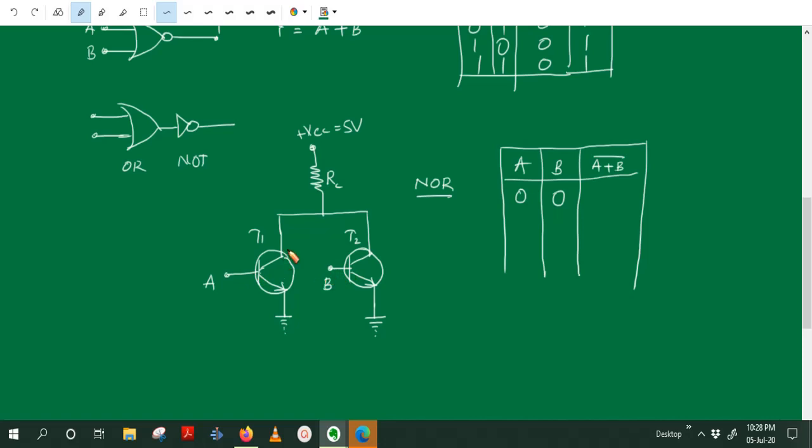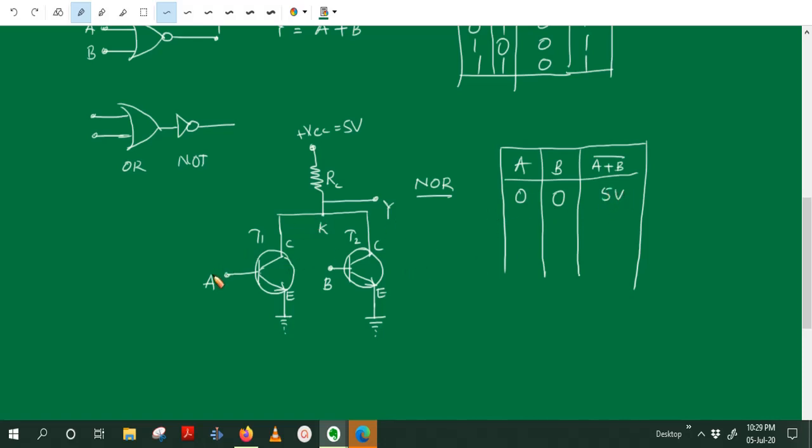No current flows from collector to emitter of the first transistor as well as the second transistor. There will not be any current flow through the resistance RC. We can mark this point as K, and the output is connected here. Both are not conducting, therefore the 5 volts will be there at the output Y. So the output will be 5 volt.